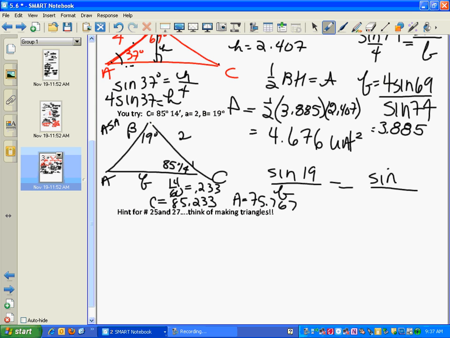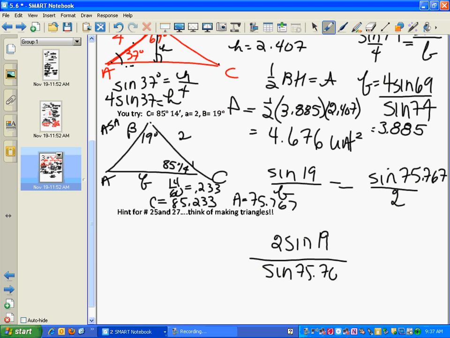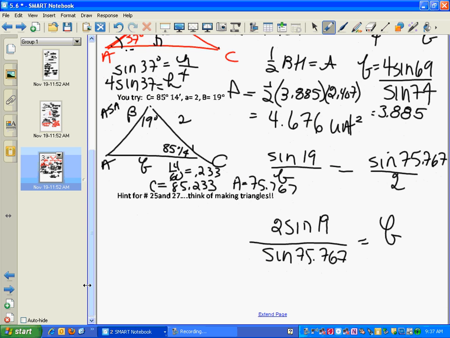Okay. So now we're going to say the sine of 75.767 divided by side A, which is 2. So that means, cross multiplying, 2 sine of 19 divided by the sine of 75.767 gives me side length B. I'm cross multiplying and dividing by the right value so that I can solve for side B. What does that give me?